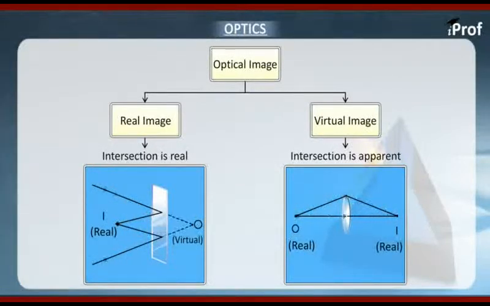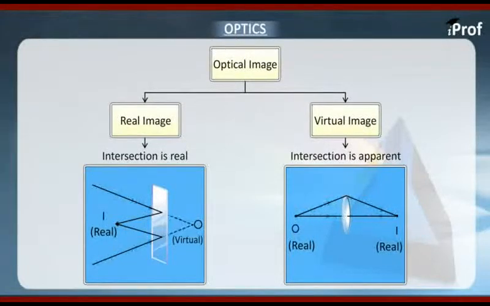We can see from the diagram the formation of real image and virtual image. The very first diagram indicates that the image formed by plane mirror is virtual. You can see the reflected rays are not actually meeting, they appear to meet, so image is formed behind the mirror. Again we have another diagram where plane mirror is forming the real image.